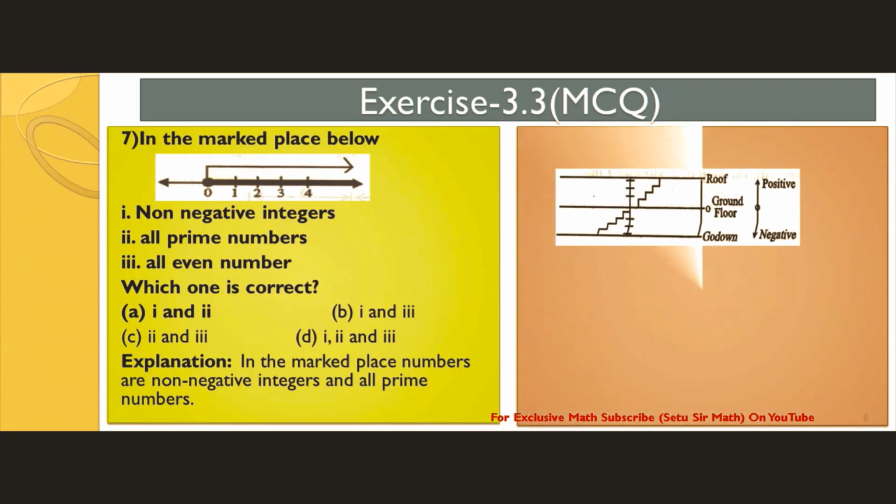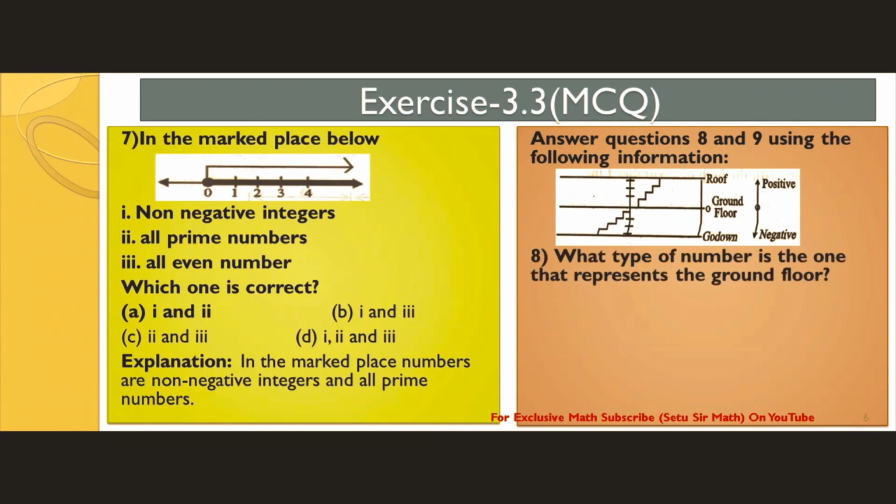So next math, answer questions 8 and 9 using the following information. You can see the following information. There is a roof, and between them there is a ground floor, and after that there is a go down. So we know above ground floor it would be positive and below ground floor it would be negative.